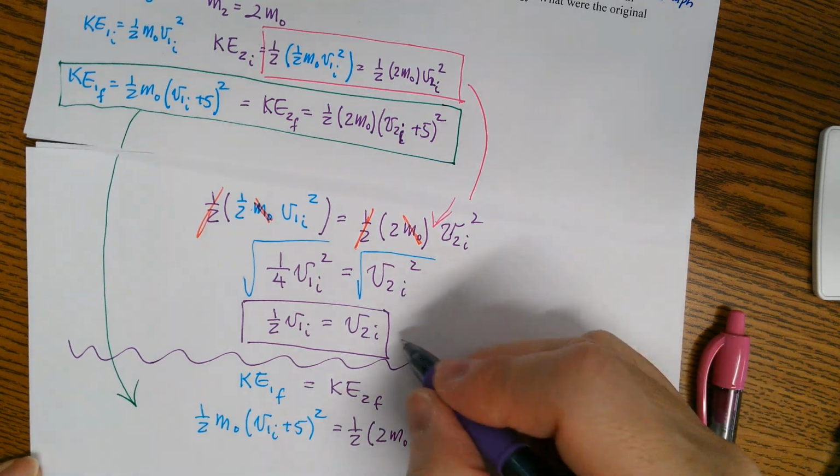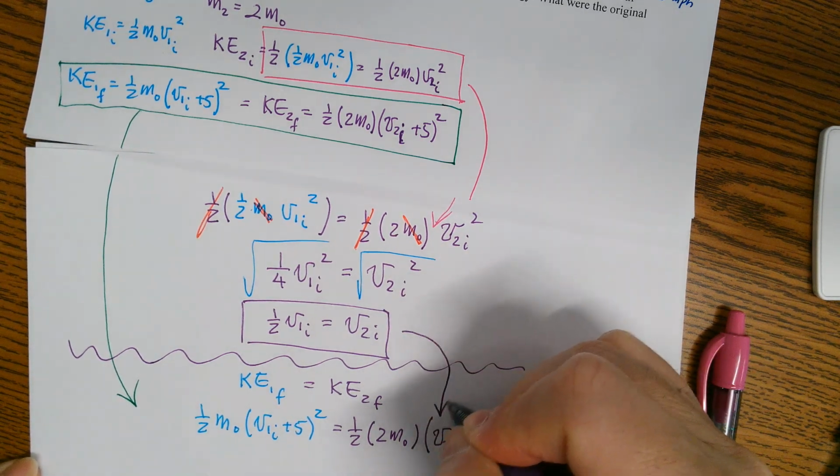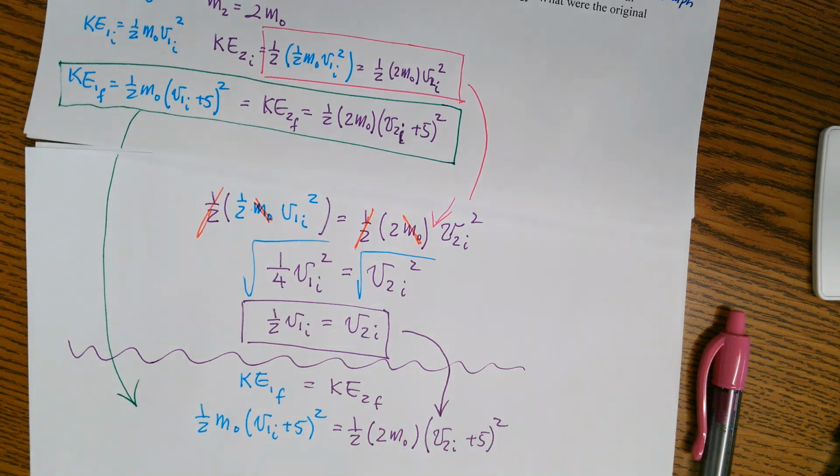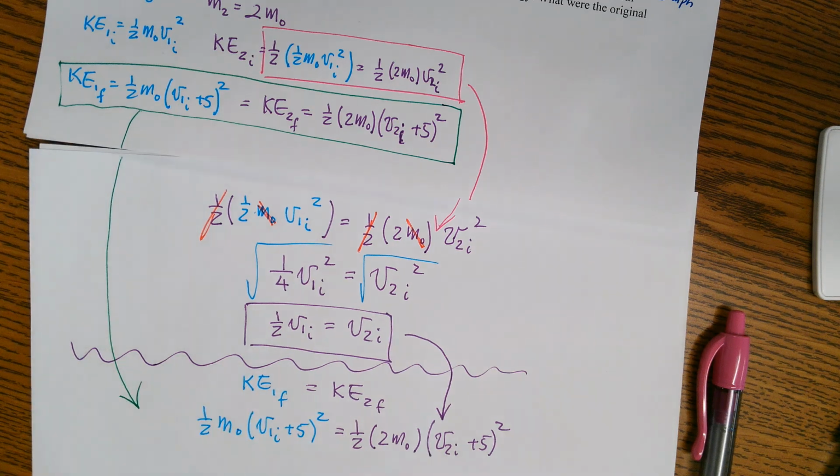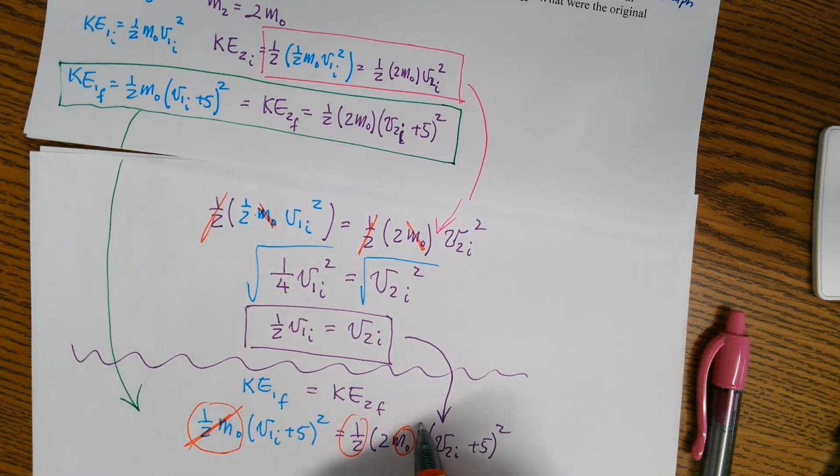But we're going to substitute this V2 initial with 1/2 V1 in here. I'm going to cancel out the 1/2 MO with 1/2 MO here.